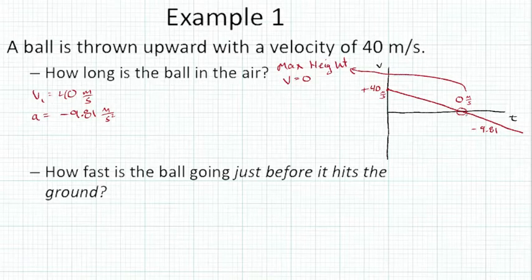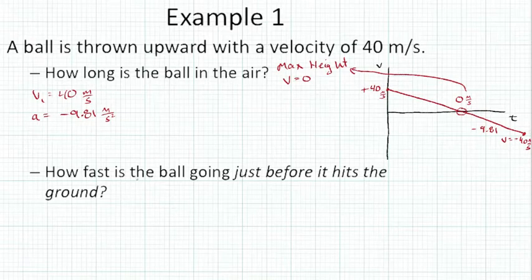And then it will fall back down, and as it falls back down for the same amount of time that it was going up, when it hits the ground again, it's going to have a velocity of negative 40 meters per second. That should be reasonable to you, that the same velocity going up is the same velocity coming down, except it's simply just negative.